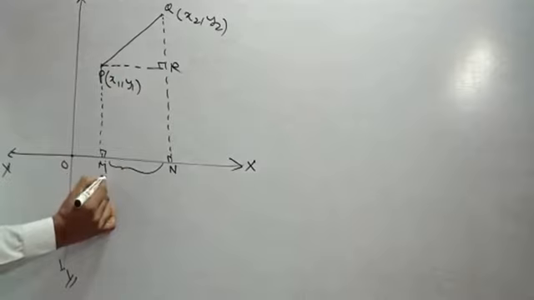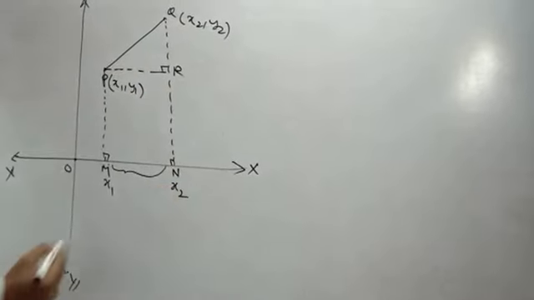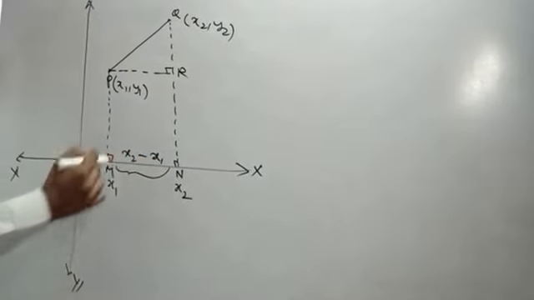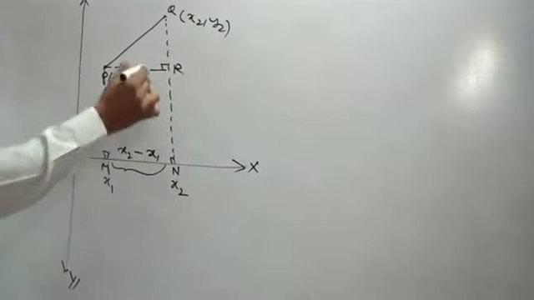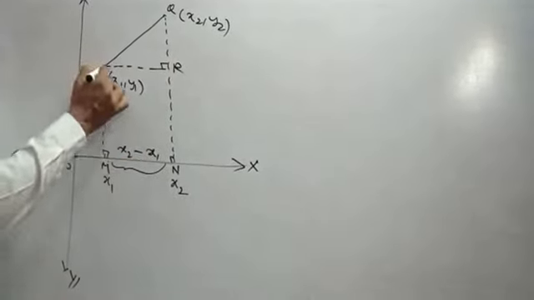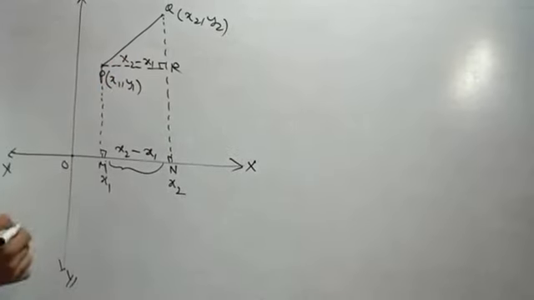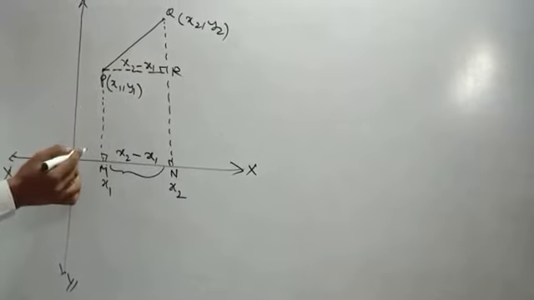Here clearly the x coordinate is x1, and here the x coordinate is x2. So the difference between them is x2 minus x1. Since it is a rectangle PMNR, MN is nothing but PR, therefore PR is nothing but x2 minus x1.